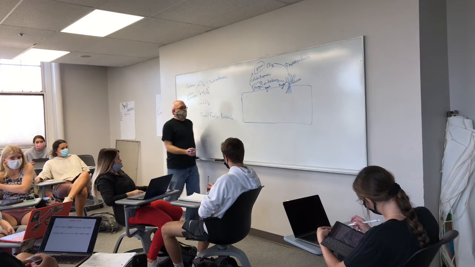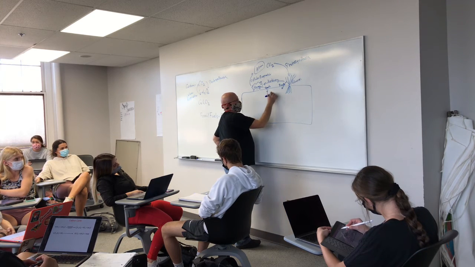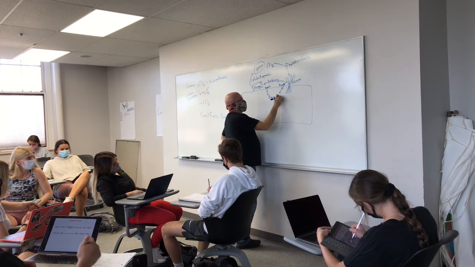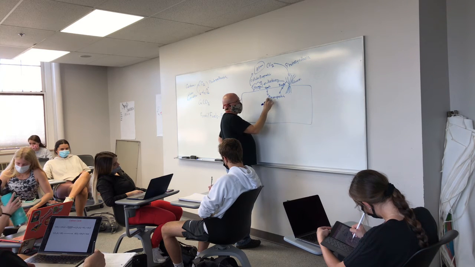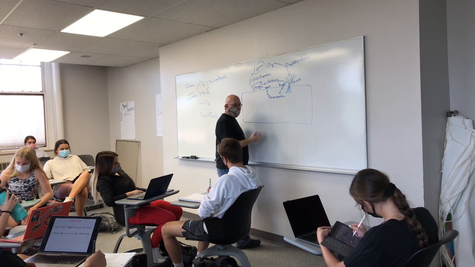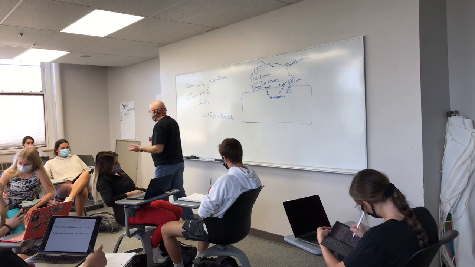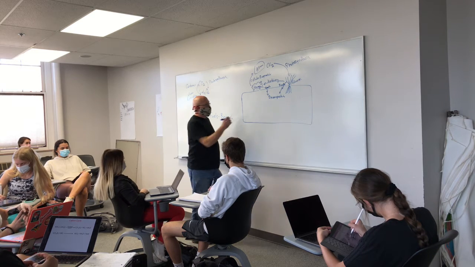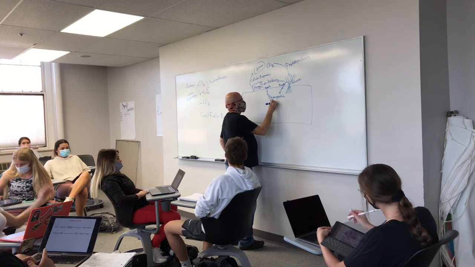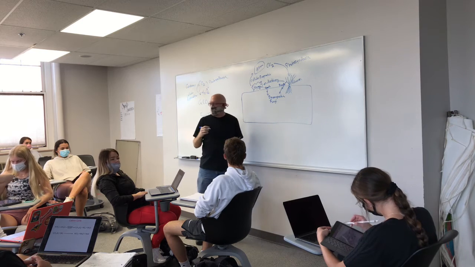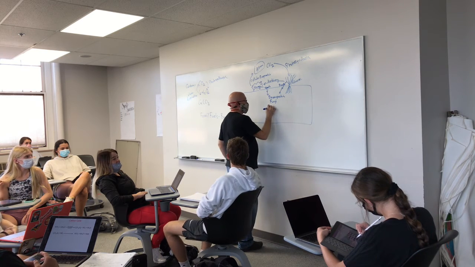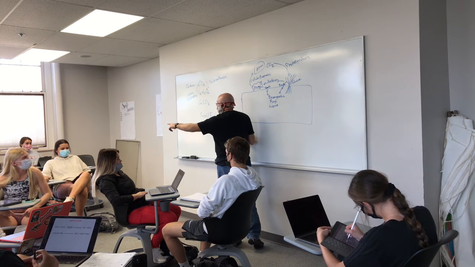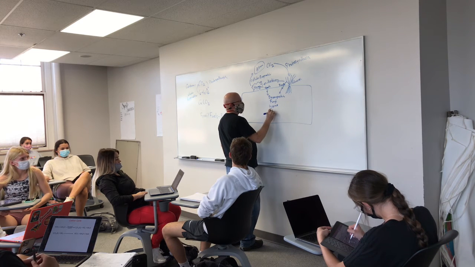So a lot of times we think about decomposition as happening in the soil. And decomposition is done by a lot of types of organisms. Can you guys tell me some decomposers that you think about? Yeah, so fungi. What else? Worms. I heard something different over here. Flies, certainly.